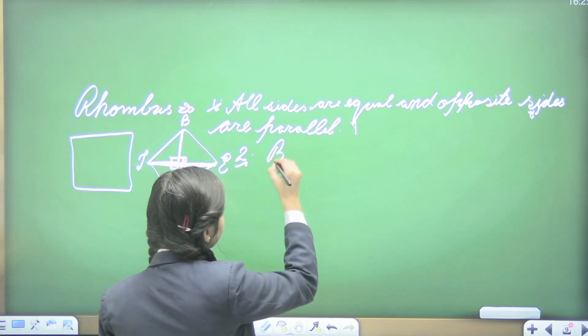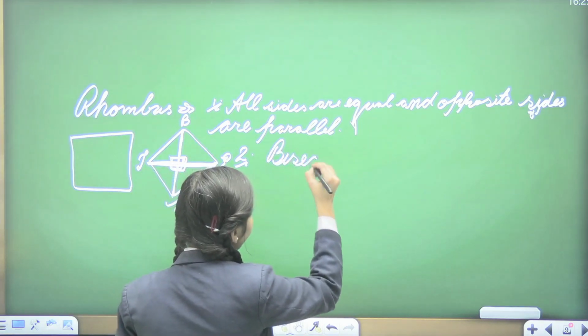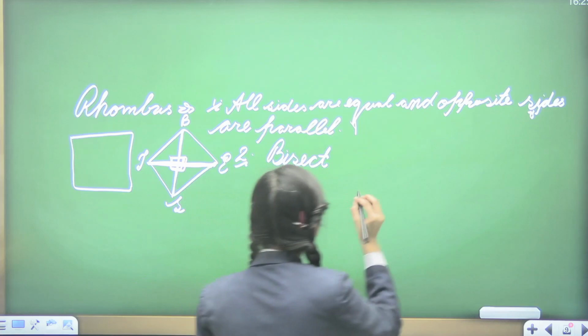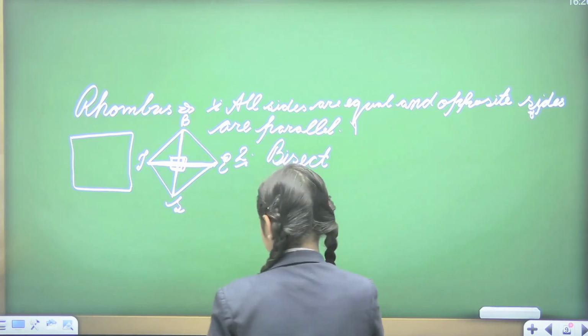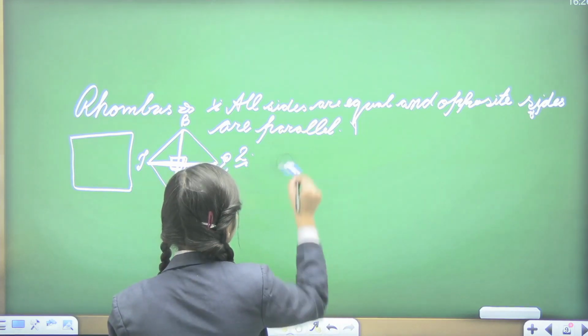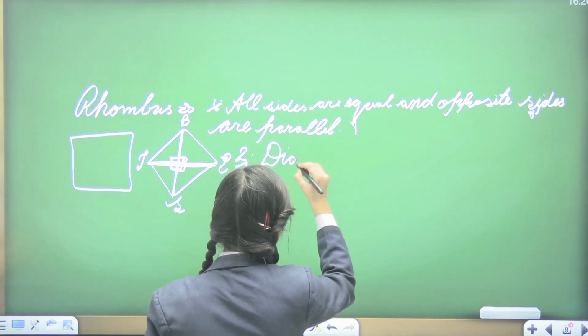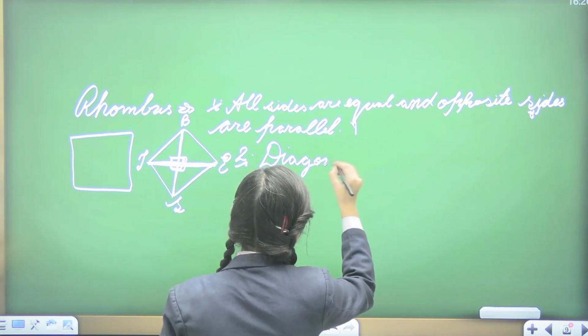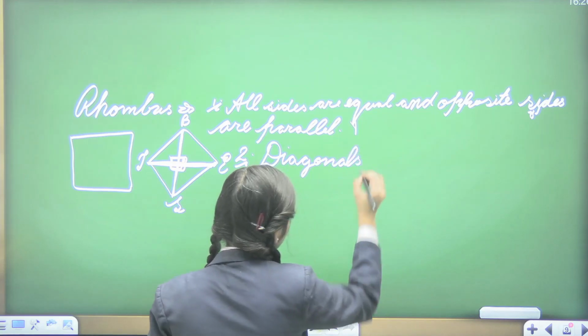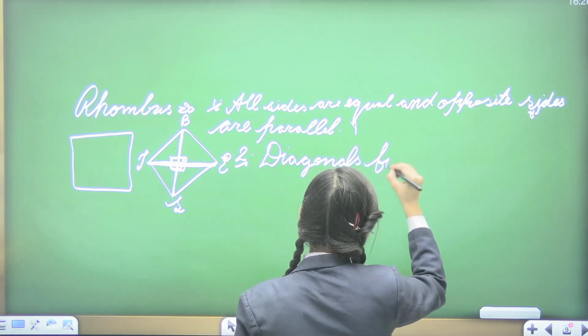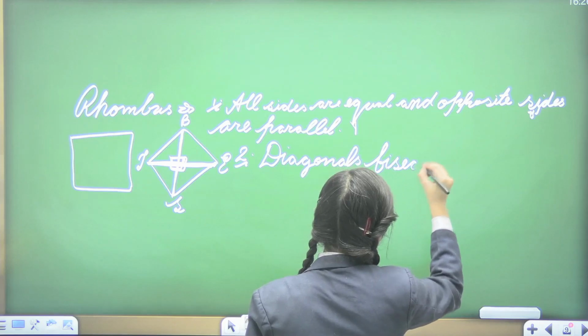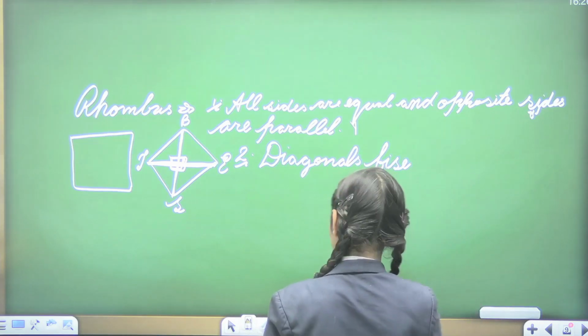So the second point is that diagonals bisect each other.